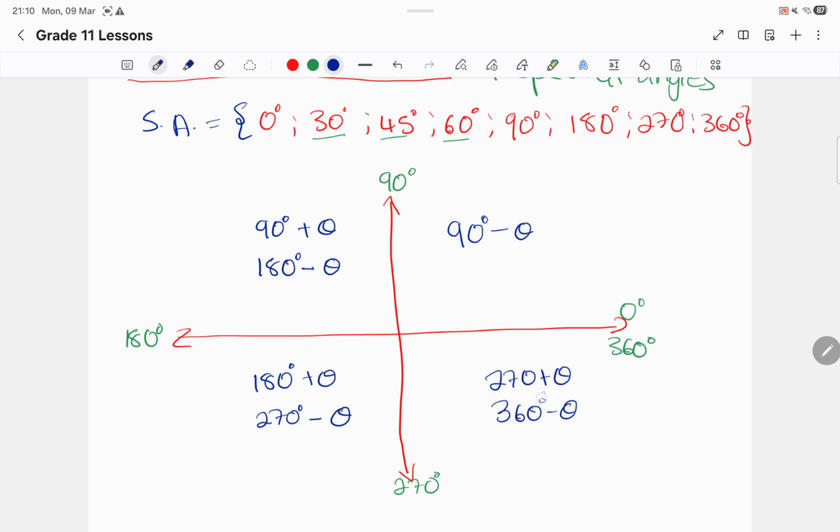So you will be given angles that you are going to reduce into 90, 180, 270, and 360. Why? Because we can simply define trig ratios of special angles, right?